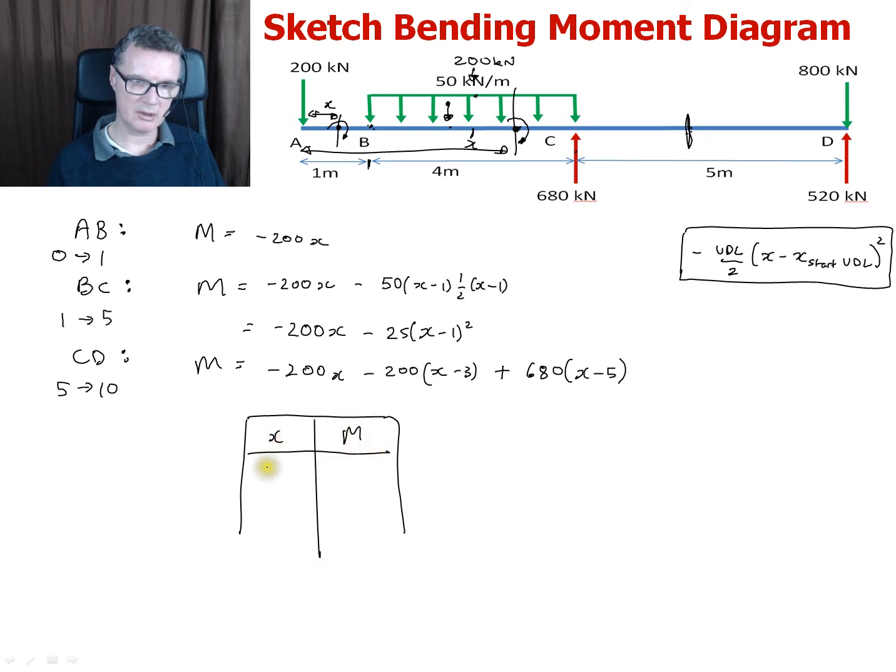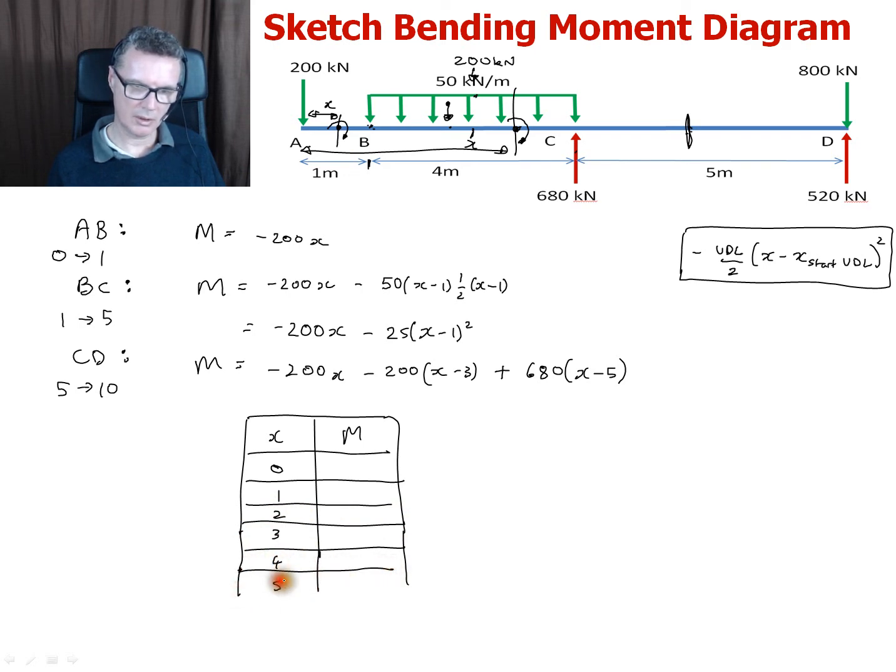for certain X values. So the logical one here would be to find out what M equals when X equals 0, so you can see that's 0, when X equals 1, and then probably I would say steps of 1 or steps of a half, so 2, 3, 4, and 5.